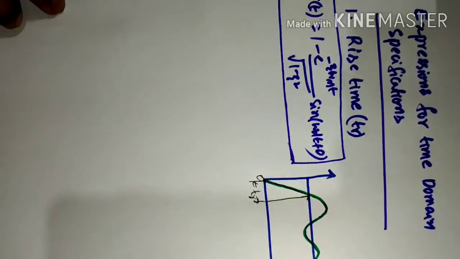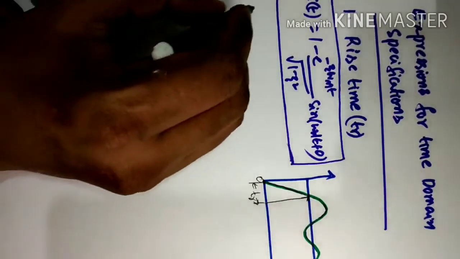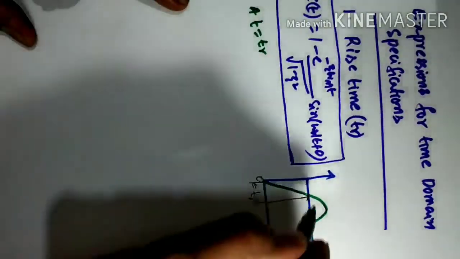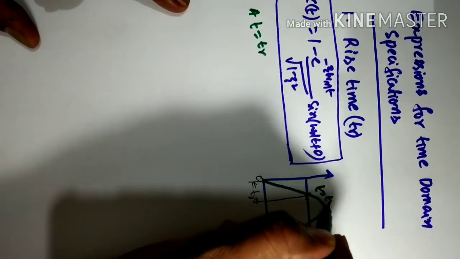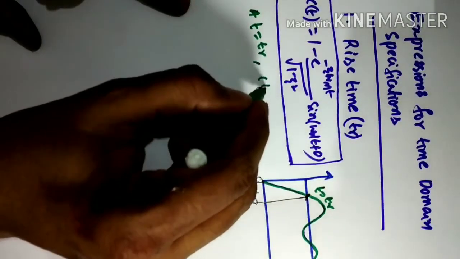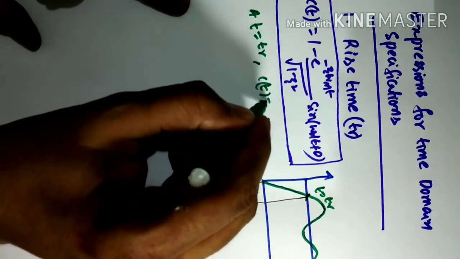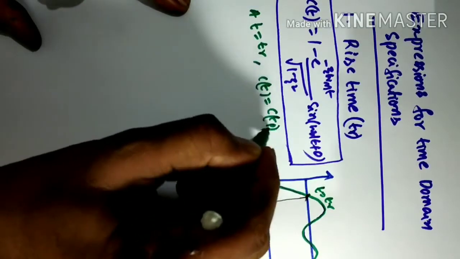So how are we going to find TR? First, at t equal to TR, you see that here at this point t is equal to TR, and you make C of t equal to 1.